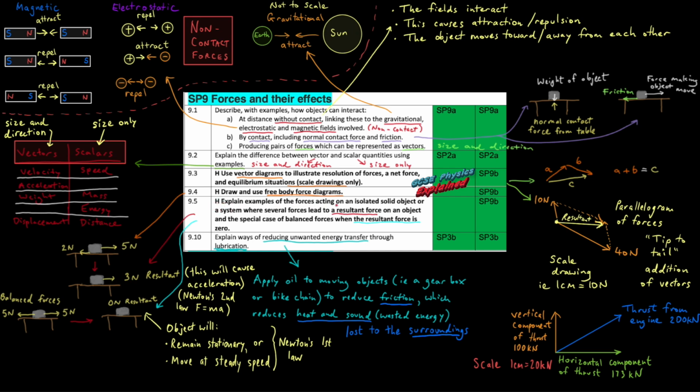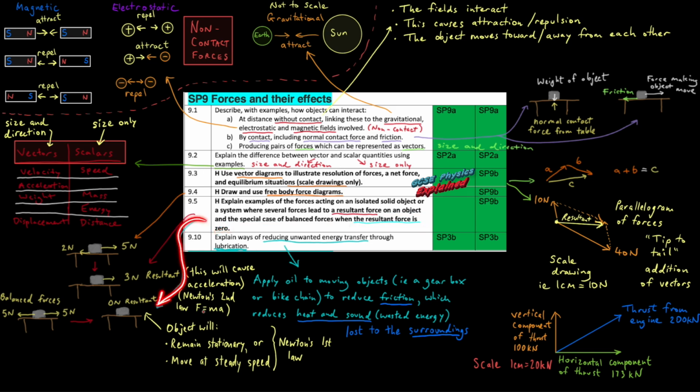Again higher. Explain examples of the forces acting on an isolated solid object or a system where several forces lead to a resultant force on an object, and the special case of balanced forces when the resultant force is 0. So that's what I've just said there.